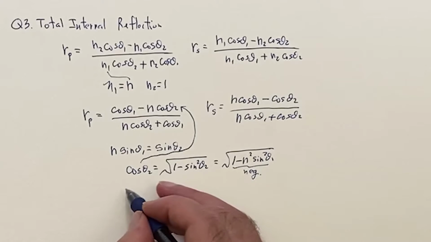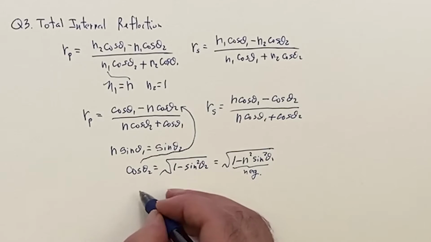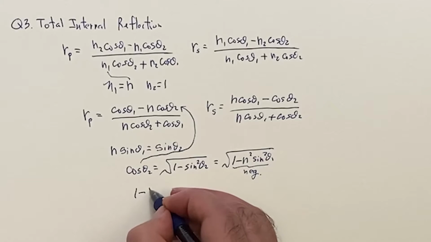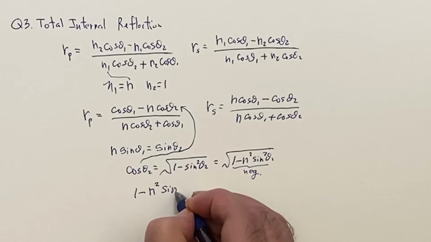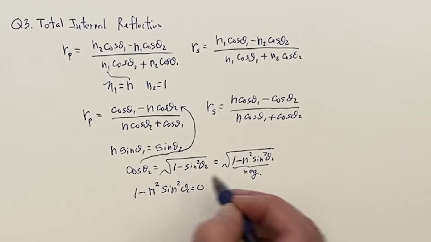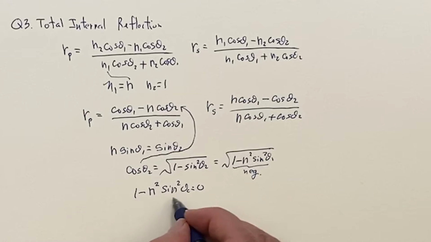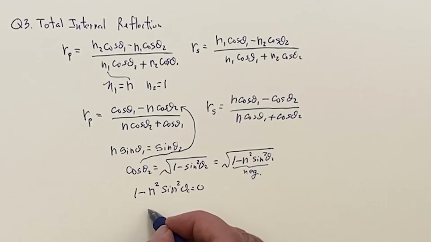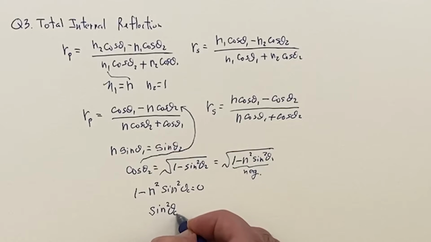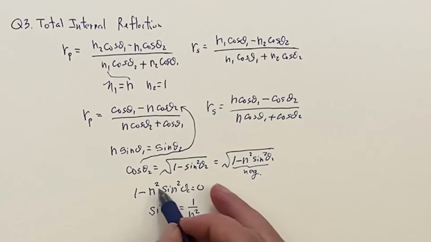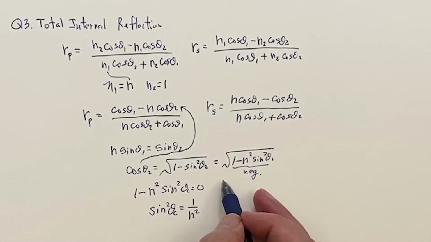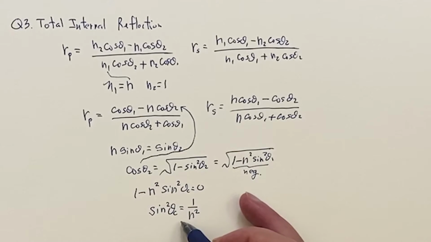So let's look at this angle, and that is a critical situation here. This is called a critical angle when this condition is met. And I really like this because we're really getting this from first principles, this total internal reflection thing, which you learned earlier about. This is basically saying sine squared here is 1 over n squared, because we bring this to the other side and then divide by n squared, we get this result.